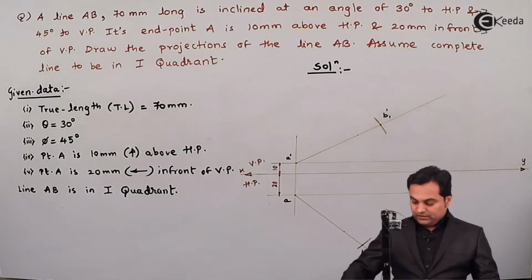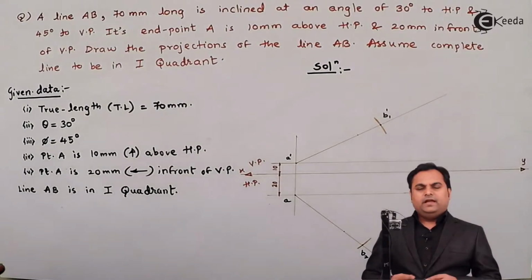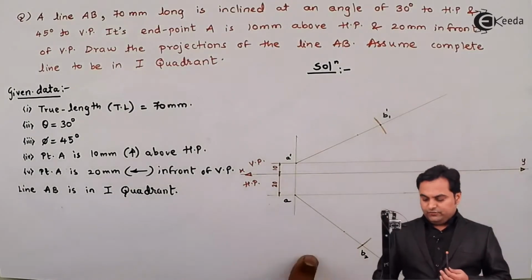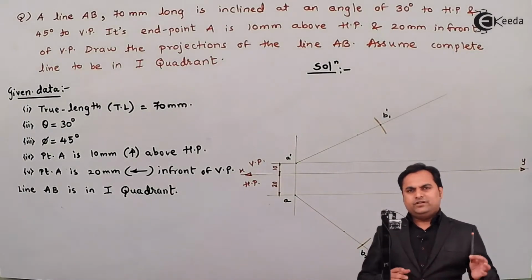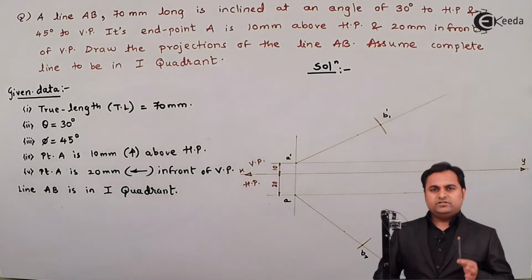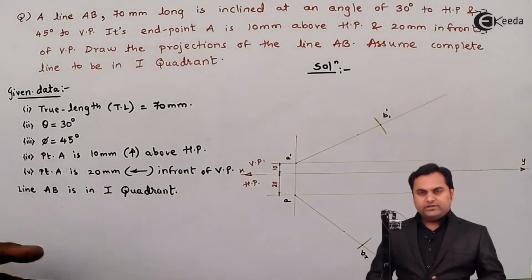Then after that, these are the true length, and when a line is inclined to both the planes, in that case, in the front view and top view, we are not going to get the true length of the line, but it will be called as the apparent length. So how to get that apparent length?